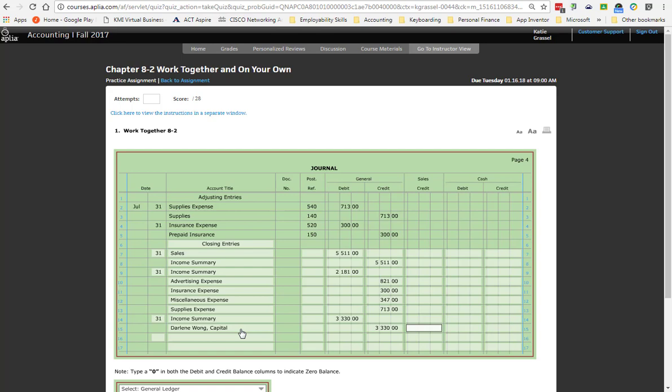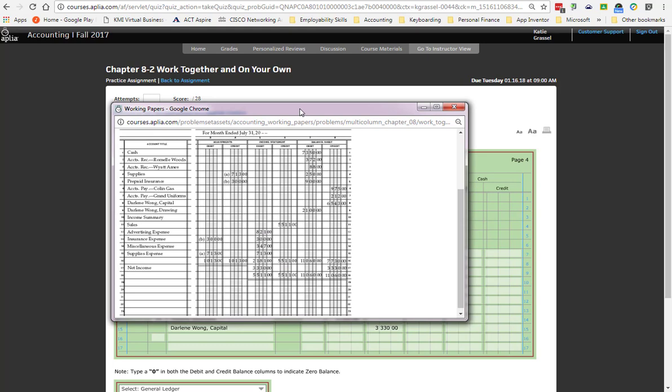Now, the last letter for our closing entry is D, and D stands for drawing. When I look at my worksheet here, the whole point of closing entries is to get my account balances to zero. So I look here at Darlene Wong drawing, and it has a debit balance of $2,100. So I need to get drawing to zero. So what do I have to do to drawing?